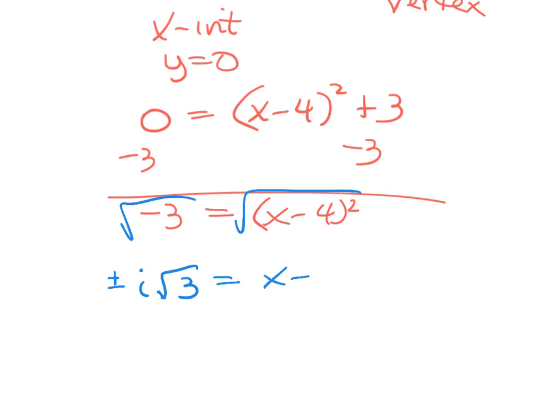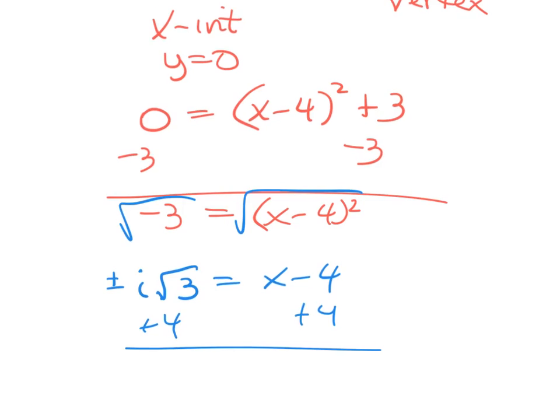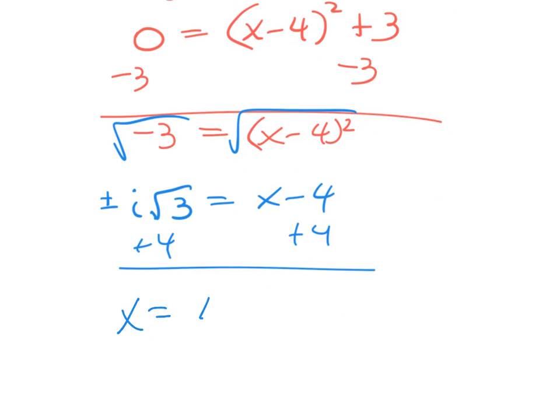Notice I get plus and minus i radical 3. As soon as I see that happen, I'm going to say that there are no x-intercepts. I could finish it up, but my x-intercept is going to be an imaginary number. We will not be graphing imaginary numbers. So this answer is no x-intercepts, whenever you get an I when solving that quadratic by plugging in y equals 0.